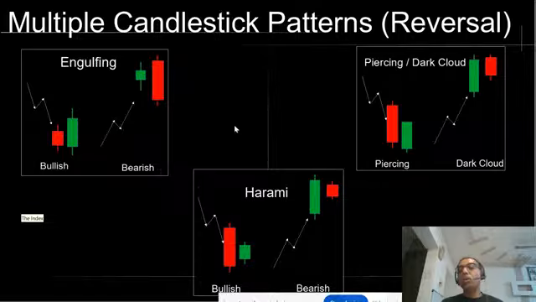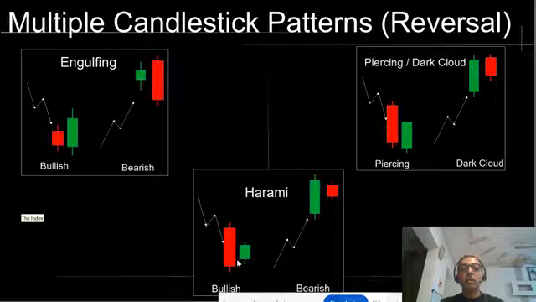Another candlestick pattern is called harami, and the harami candlestick pattern is a kind of reversal of the engulfing, right? In this case there is a big bearish candle which is being generated, and then in the same time frame there is a small candle.